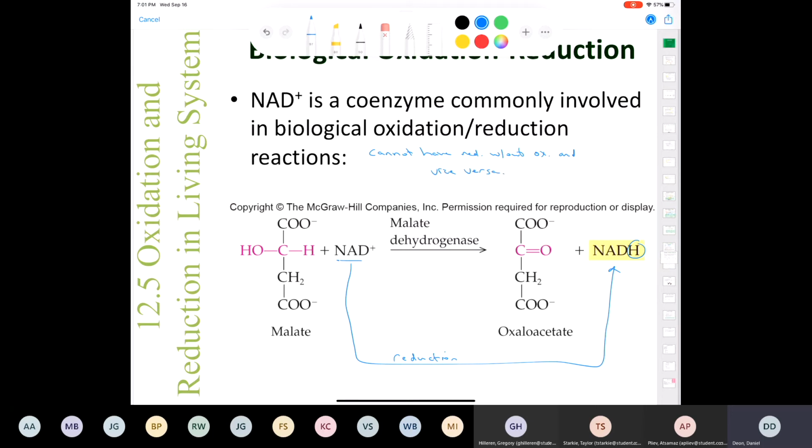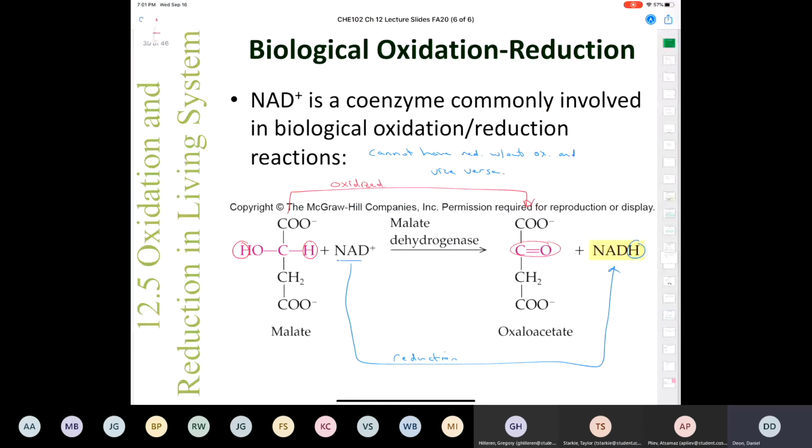So if NAD plus is being reduced, that tells you that malate must be being oxidized. Let's double check. Well, you can see that not only did the malate lose 2 hydrogens, but it also gained a bond to an oxygen like that. So this is being oxidized, okay? So we'll always have to keep in mind oxidation and reduction a little bit in this class, even when we get into biochemistry later on.